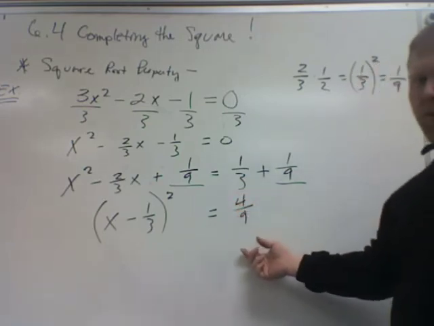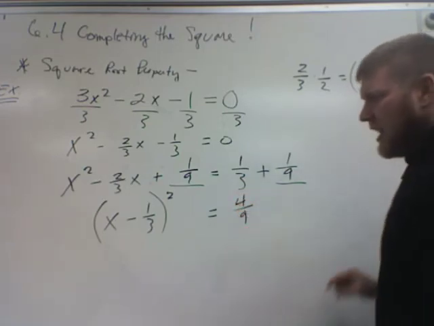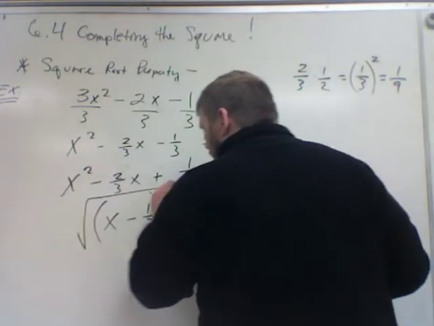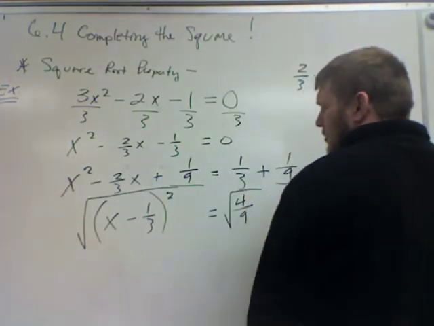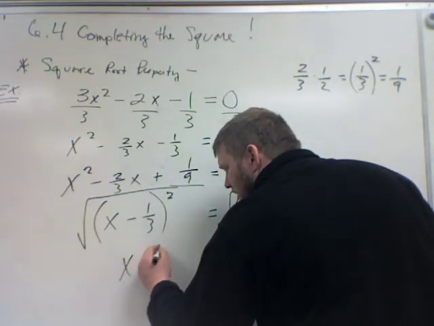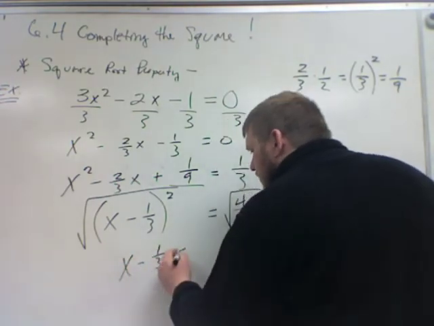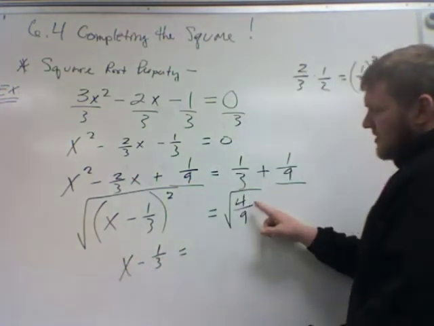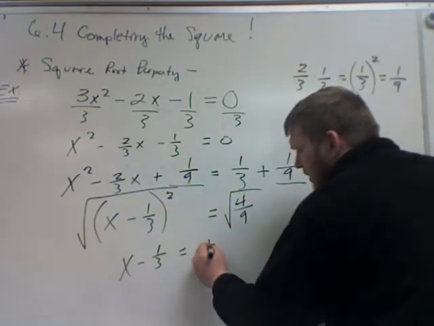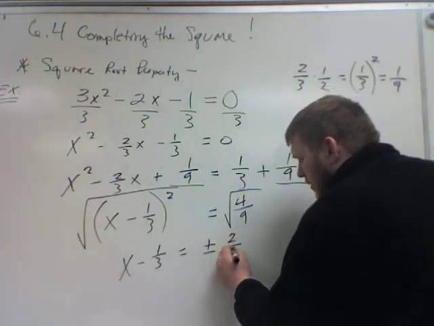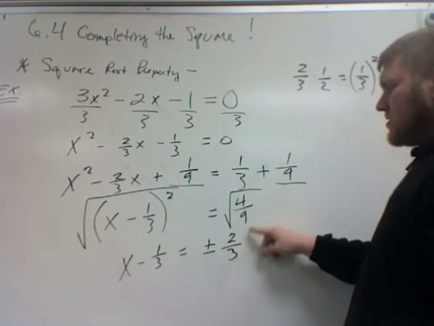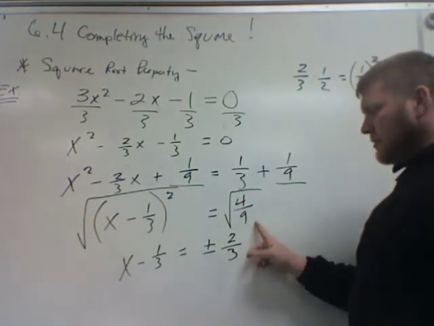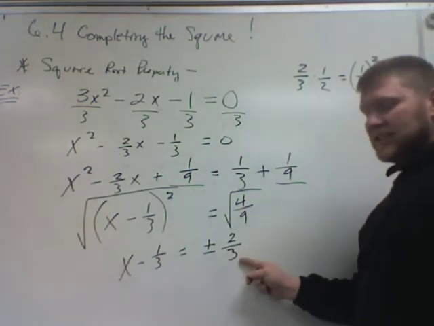This is going to turn out to be pretty cool, actually, because now that I square root both sides, I'm going to have x minus 1/3 is equal to, this actually turns out even, plus or minus 2/3, because the square root of 4 is 2, and the square root of 9 is 3.